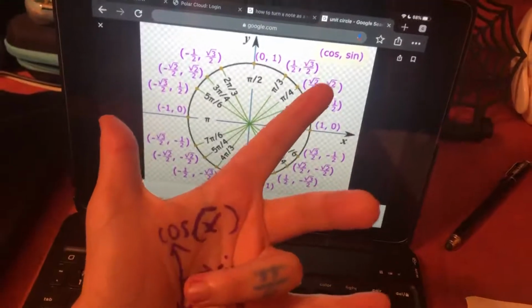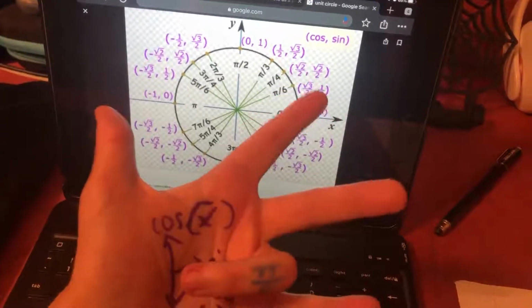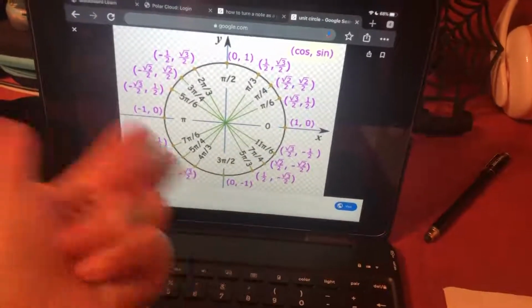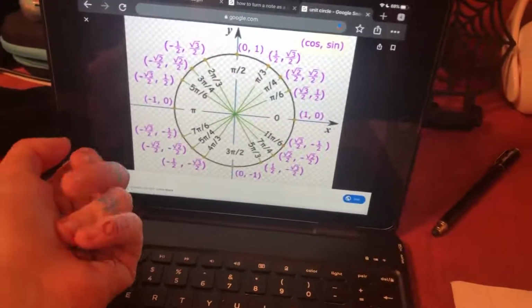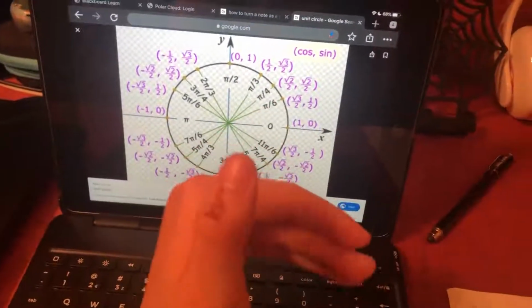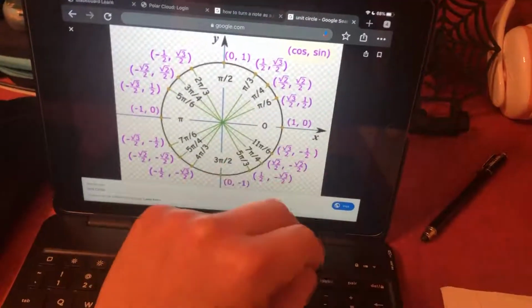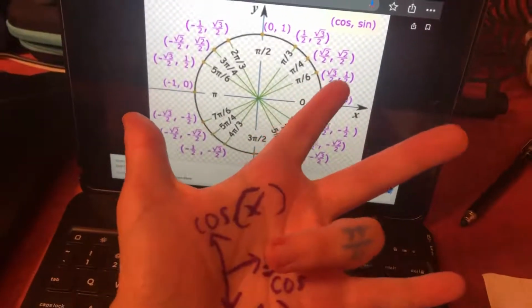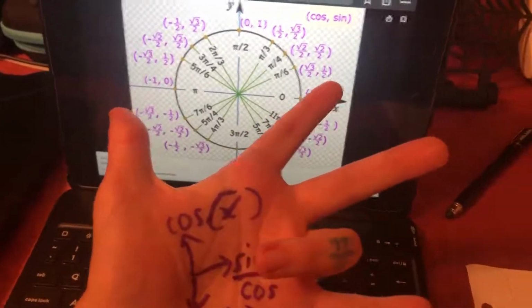Just remember that the numerator is going to be the square root of either 1, 2, or 3. Of course, the square root of 1 is 1, so it doesn't necessarily have a square root number. And the bottom number is always going to be 2. Simple, right? Fantastic. So let's see if that works out for all the rest of them.